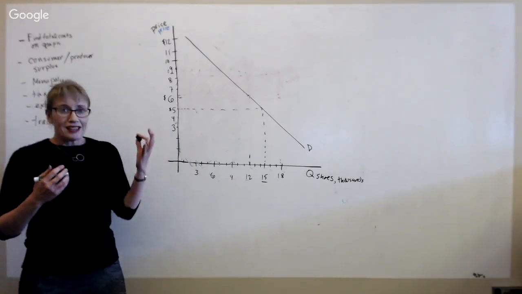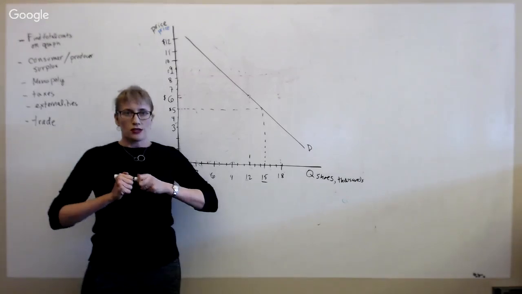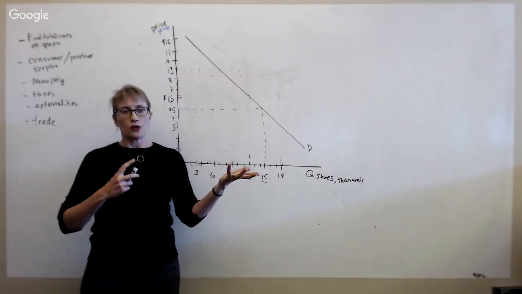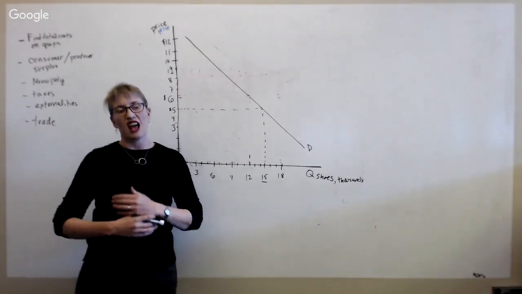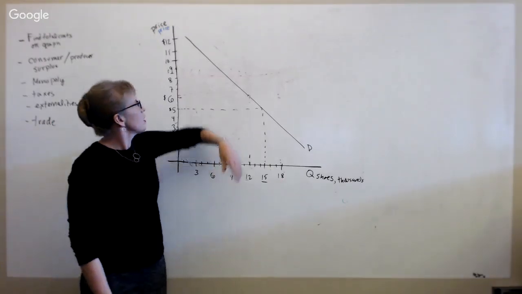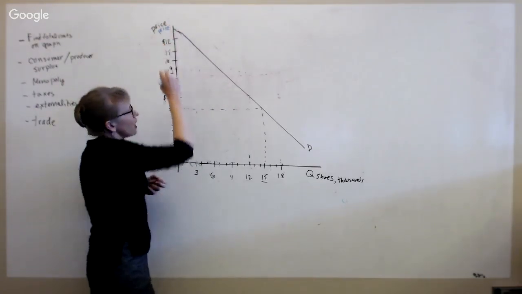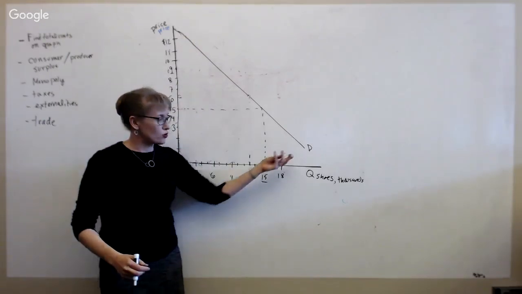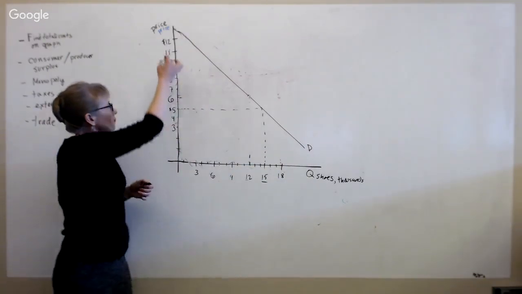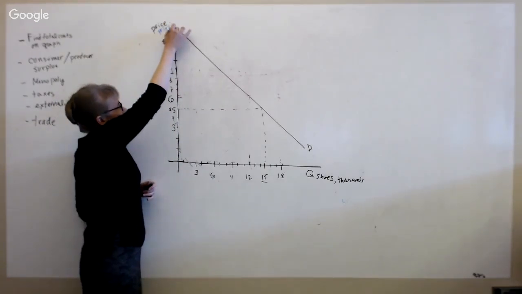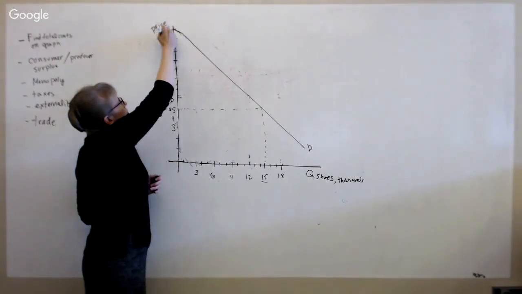Now, I sometimes think about a market demand curve as a continuum of many consumers that have different preferences, who are ranked from those who value shoes the most to those that value shoes the least. Now let's think about these consumers up here, and let's make this 13.